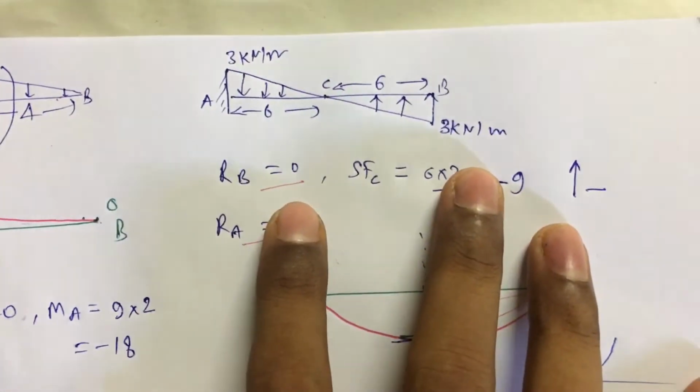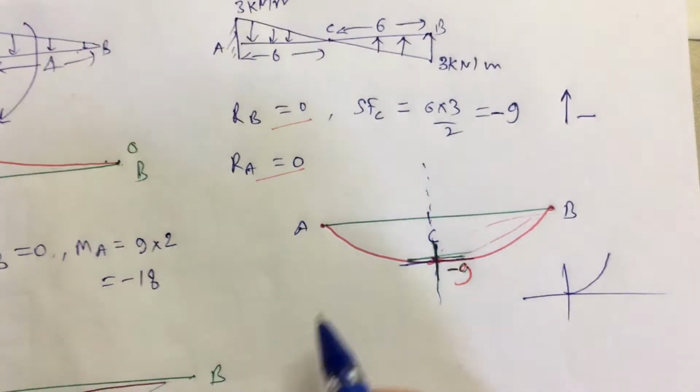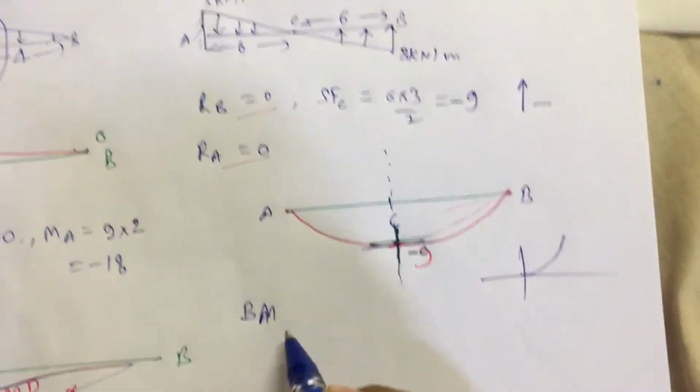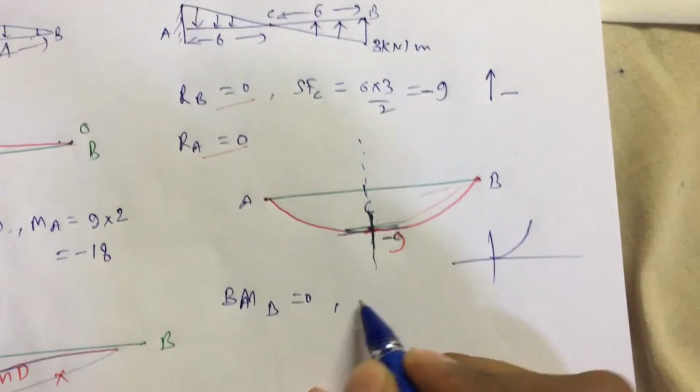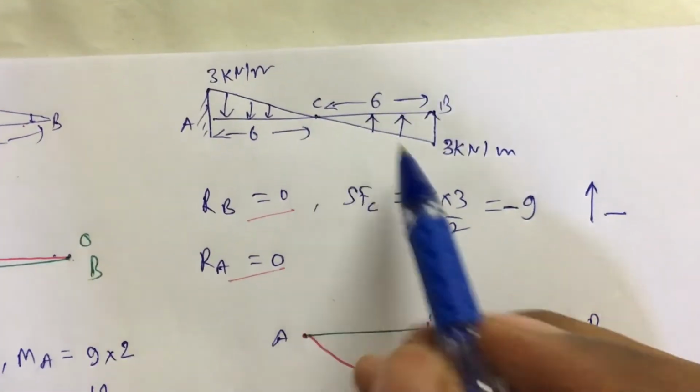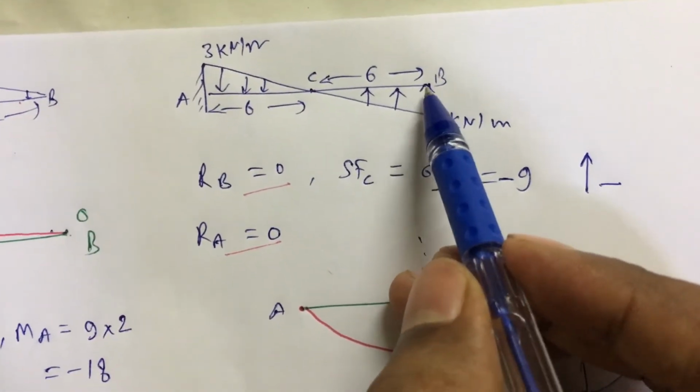Okay, let's talk about the third one. Here this is important. So find out bending moment at B, that is 0. Bending moment at C is nothing but because of this part. So in this part loading is how much?